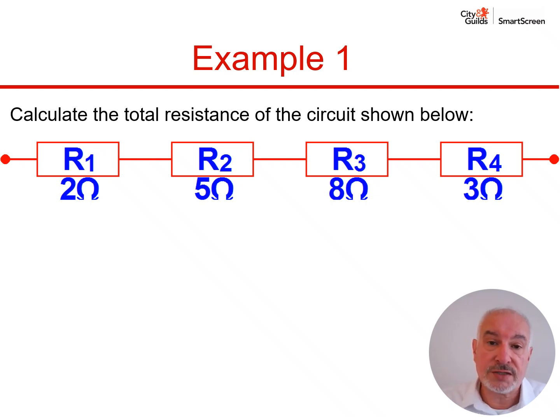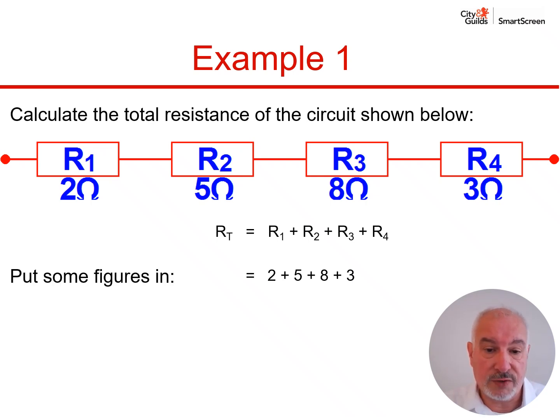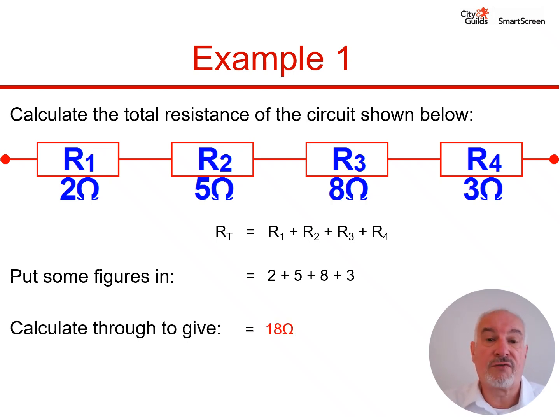Now the good news is that when you're calculating the total resistance of a circuit where the resistors are connected in series, it's as simple as adding them all up. Yep, so if we put the numbers in, it would be 2 plus 5 plus 8 plus 3, which gives us a total value of 18 ohms. Now I have written there in the middle the formula.